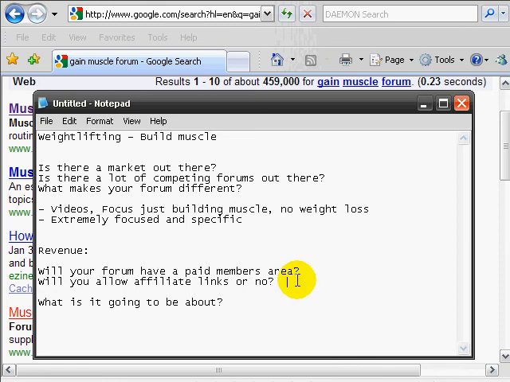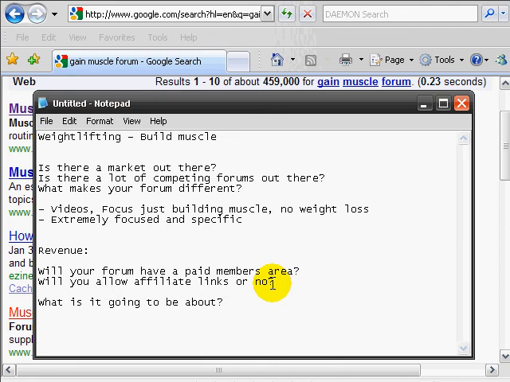This is something you need to think about because some people will come to your forum and they'll just spam your forum with affiliate links. But then you have some people that do post great information and they do have affiliate links. So a lot of times I would probably opt in for the one that allows affiliate links, but you do need to keep in mind that there are people that will come to your site and will flood the signatures with affiliate links.